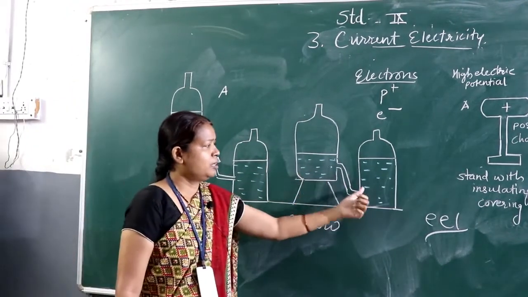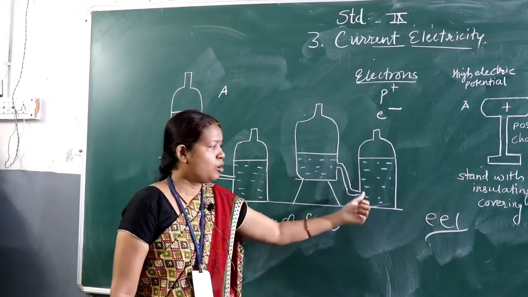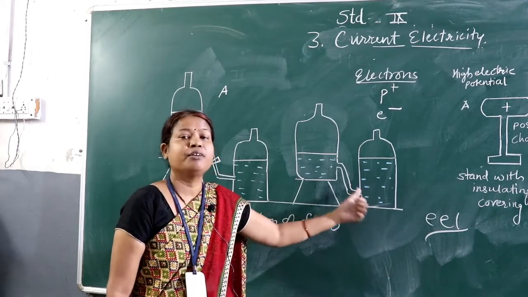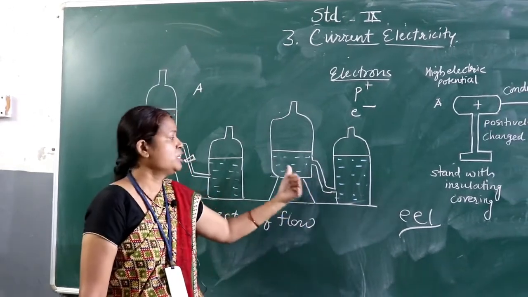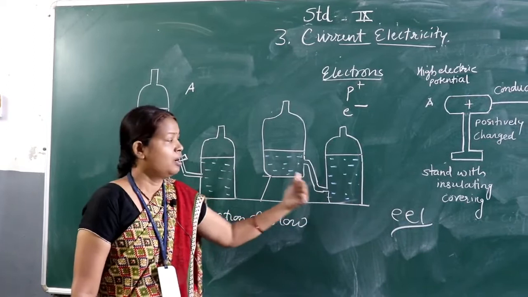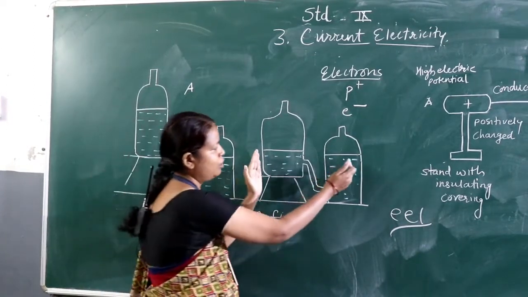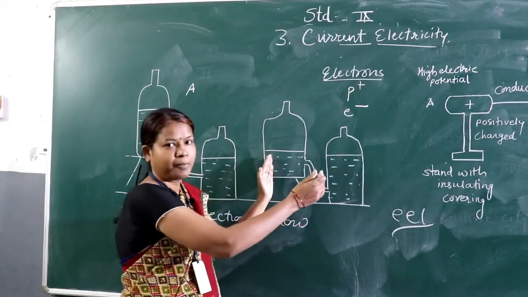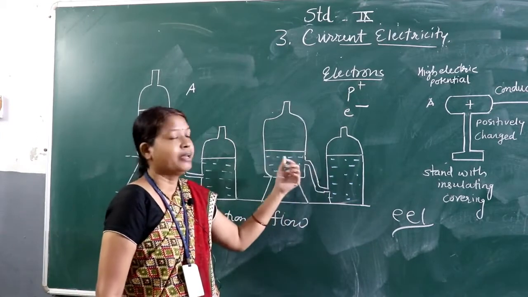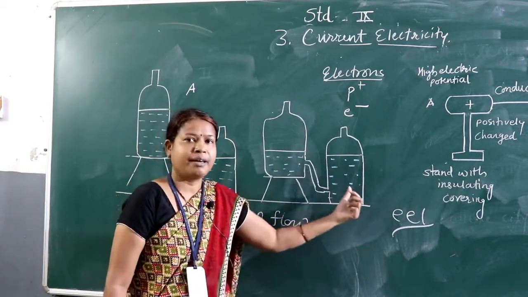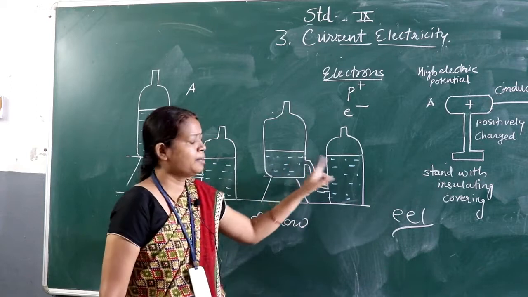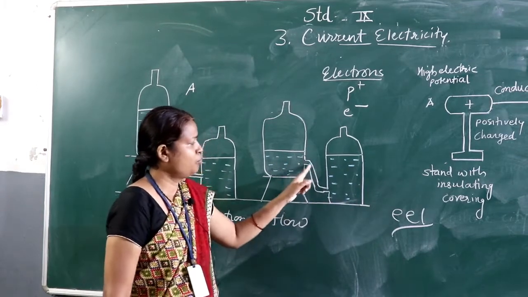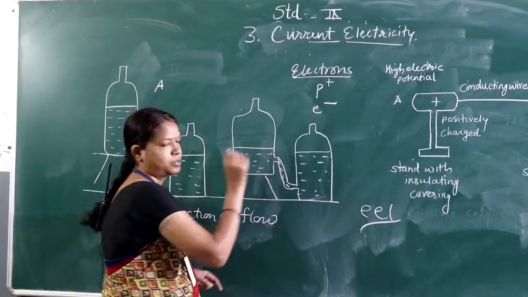In the second bottle, up to when will the flow of water continue? This flow of water continues until the level of water in both bottles becomes the same. As the level becomes the same in both bottles, the flow of water stops.